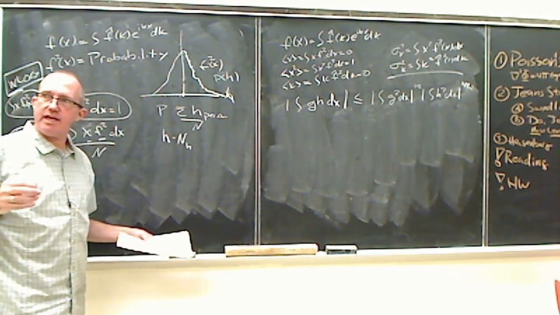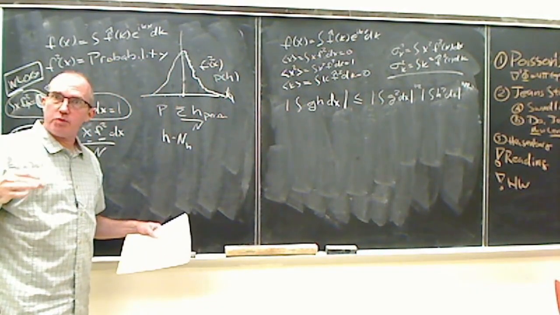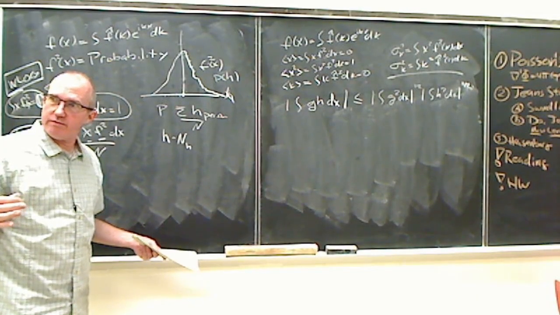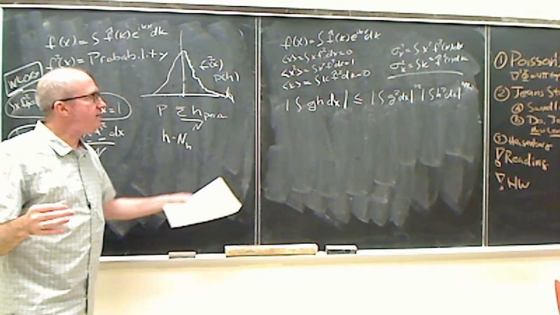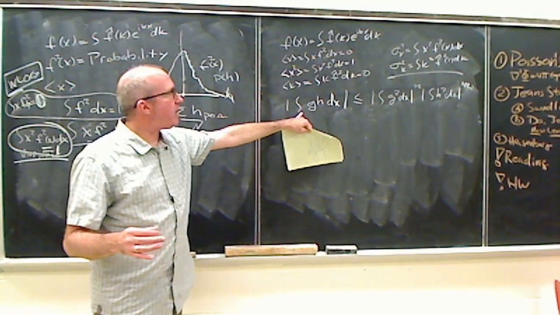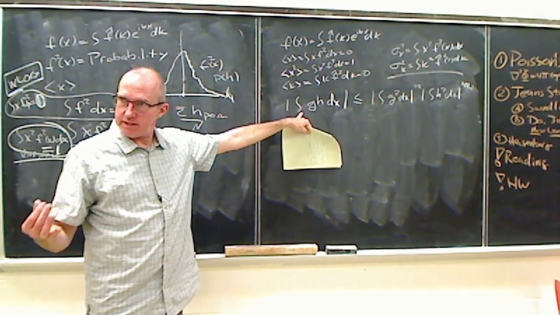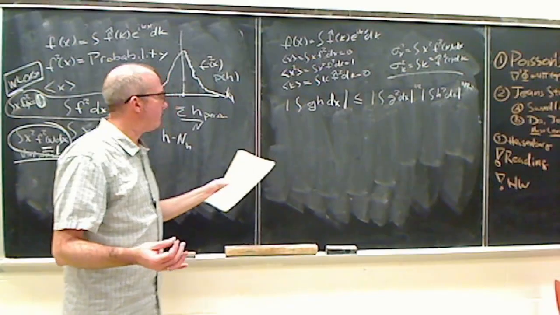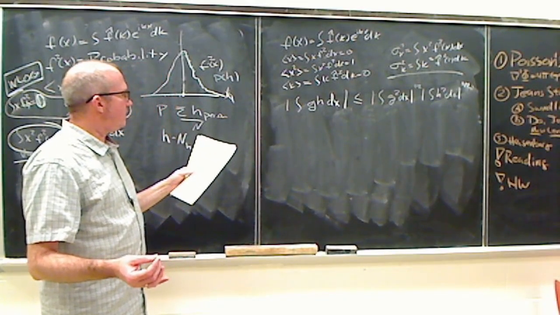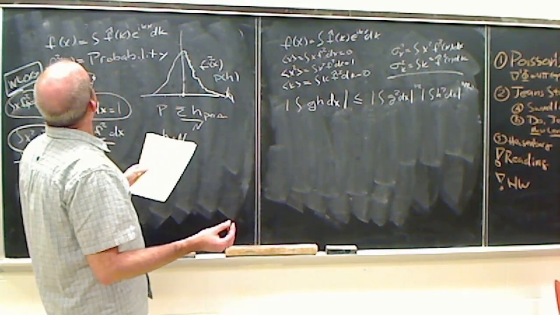This is just saying that the projection is shorter than both of the sides. Now a dot product is an integral between two functions, but that's not a big deal.